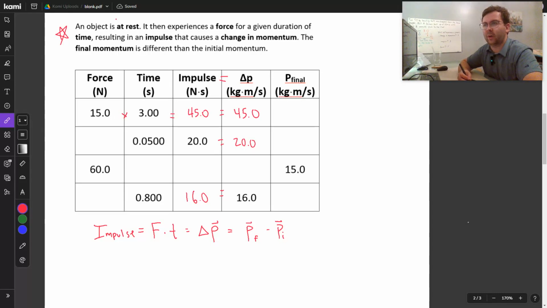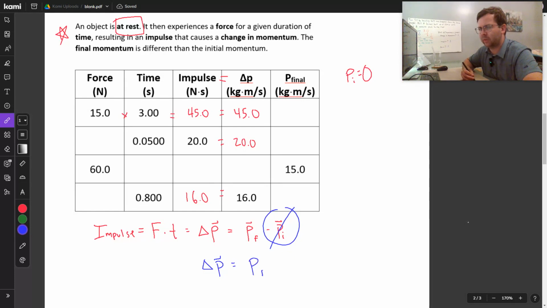In this case, it says the object starts out at rest, and so we can know that the initial momentum for all of these is 0. And so if we look down here at our initial momentum, this is always just going to be 0 for these problems. And so what ends up happening is whatever the change in momentum is, that's going to be a change from 0.